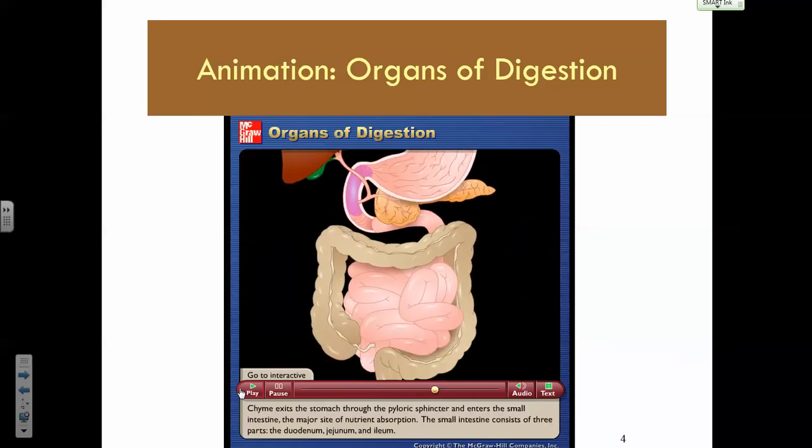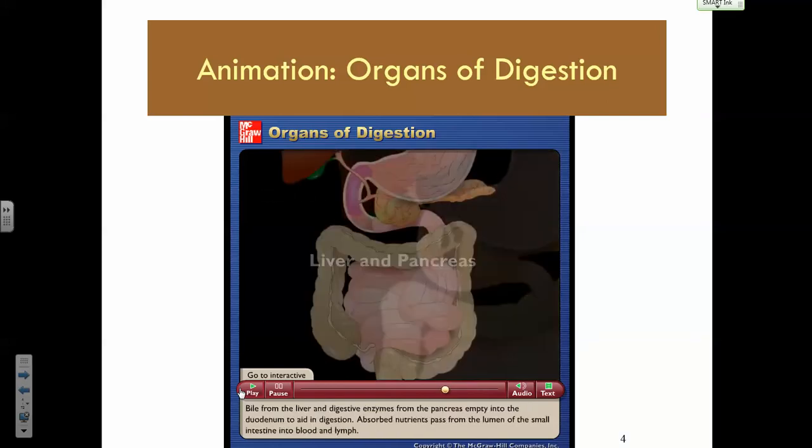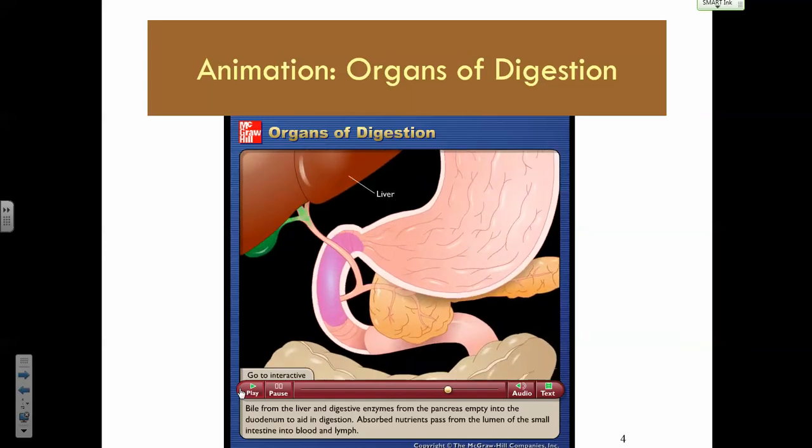The small intestine consists of three parts: the duodenum, jejunum, and ileum. Bile from the liver and digestive enzymes from the pancreas empty into the duodenum to aid in digestion. Absorbed nutrients pass from the lumen of the small intestine into blood and lymph.